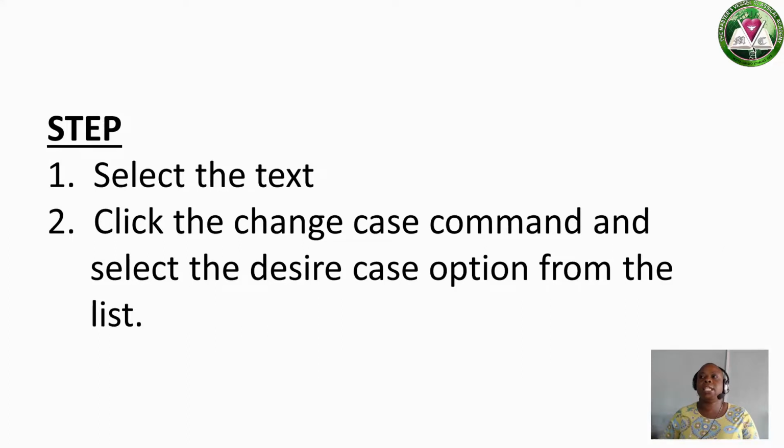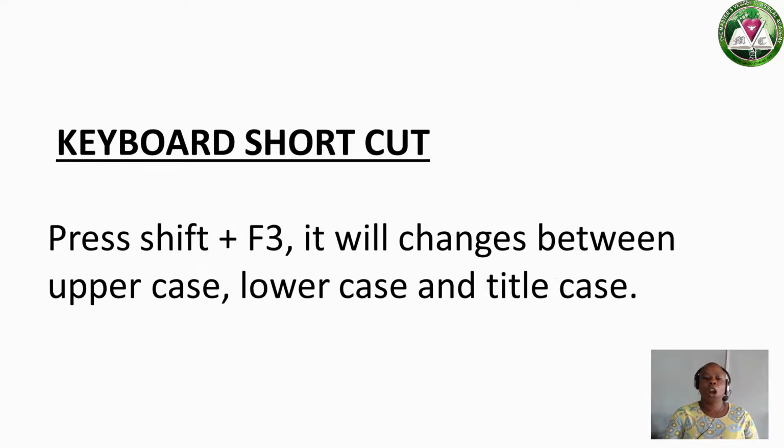When you select the text, you click on that capital A and small a, both of those letters just together. You click on it and you are able to select the option. Are you changing it to sentence case, uppercase, lowercase, or title case? You select your option.